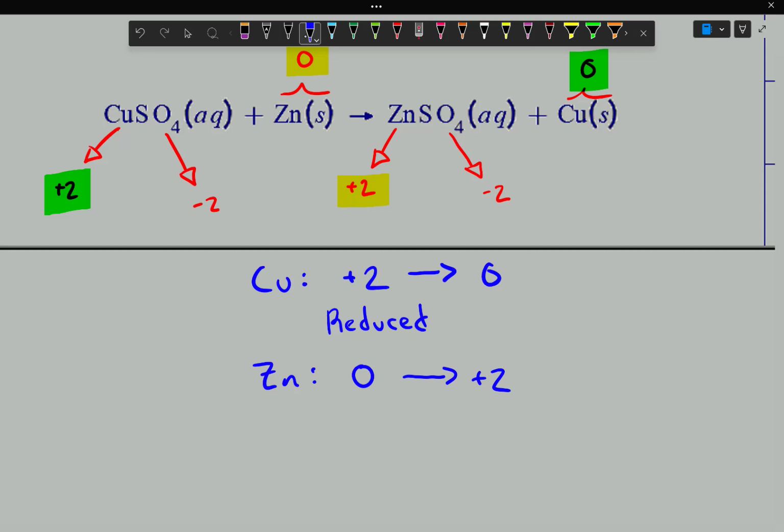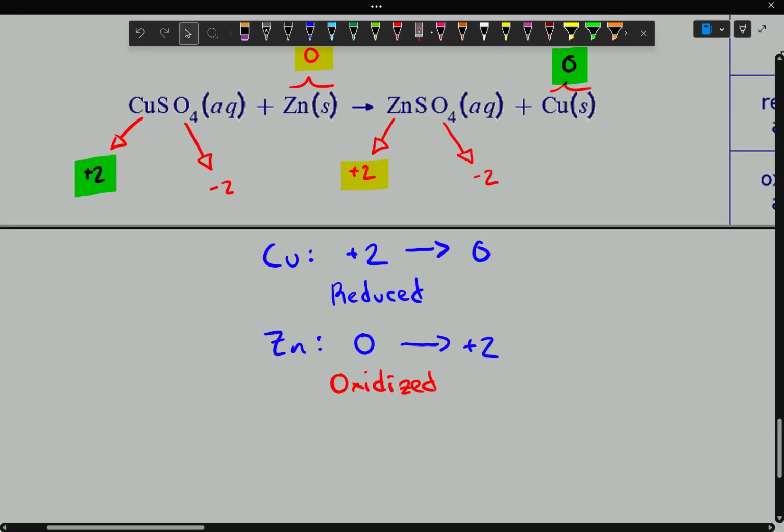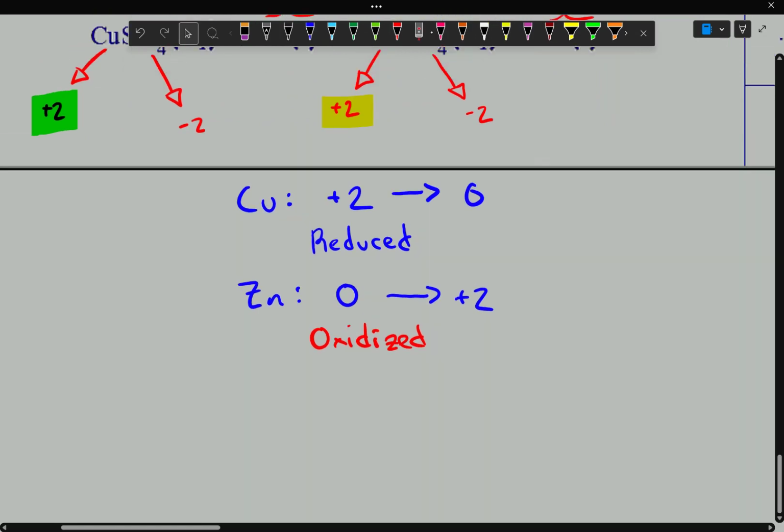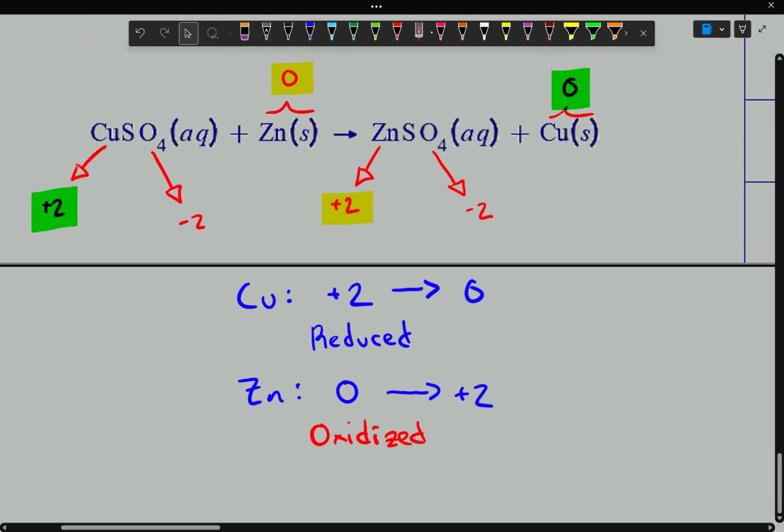It's gaining charge. Because it's gaining charge, it has to be oxidized. It is being oxidized. Okay? So, remember, the thing being oxidized contains the reducing agent.